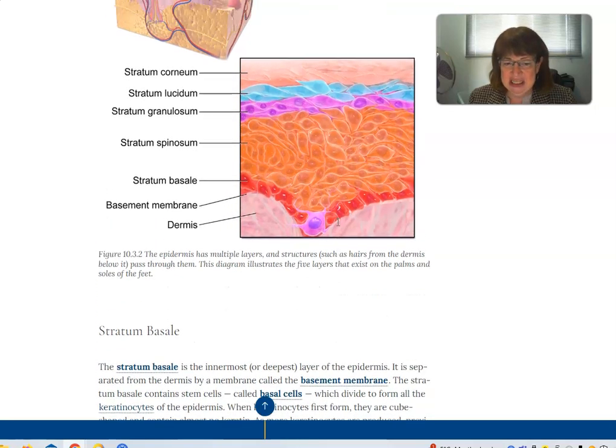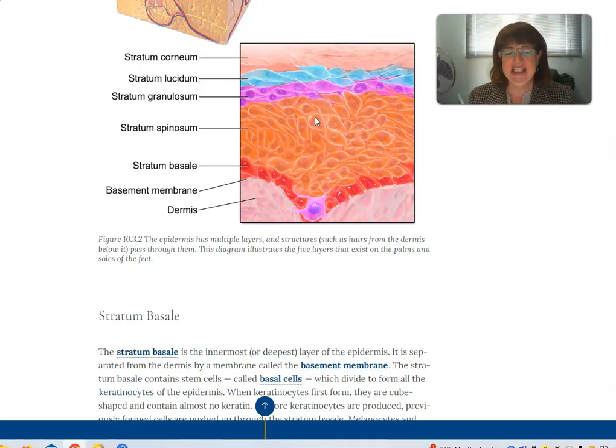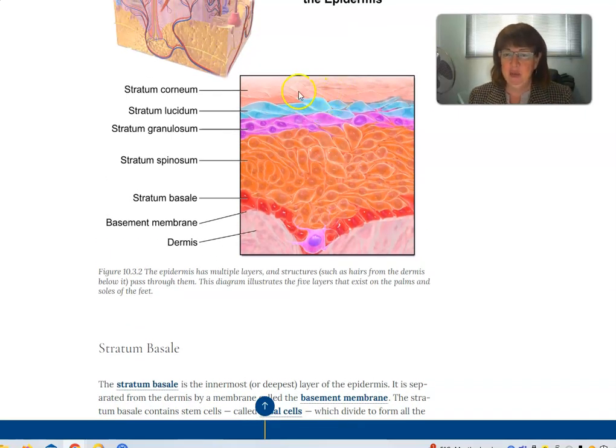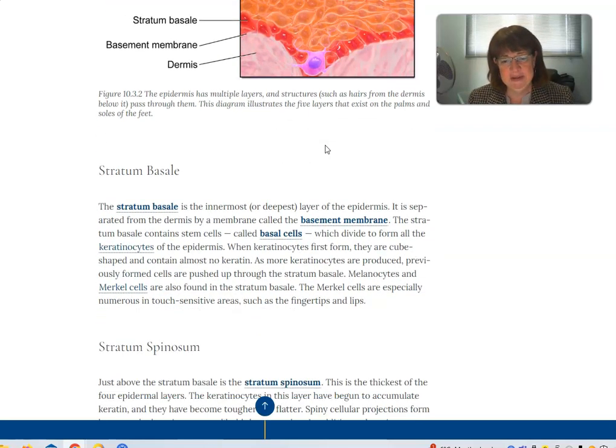And then as they're pushing up, the cell organelles get replaced with keratin. And keratin is this thick protein that will then cause the cells to die. So this top layer, the stratum corneum, is a dead layer, and this is the cell that flakes off when you have dry skin. Okay?